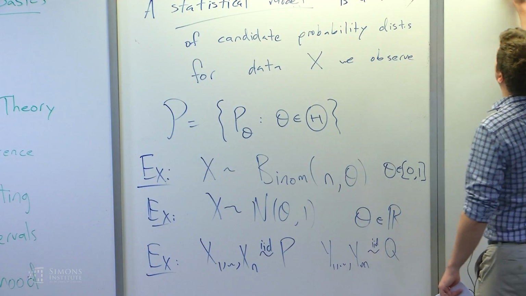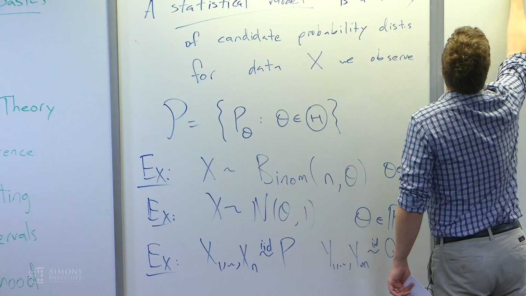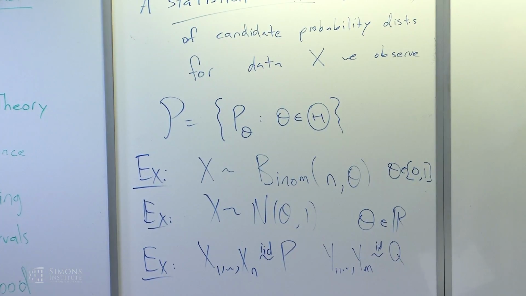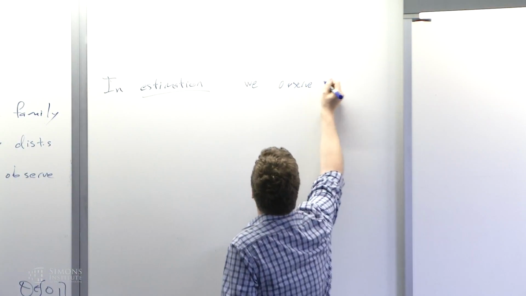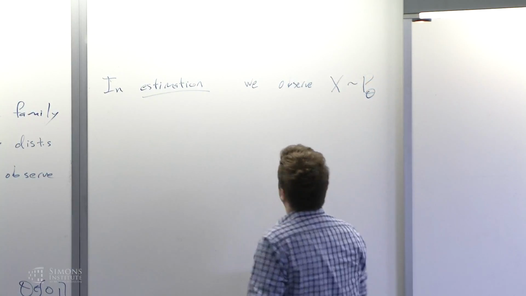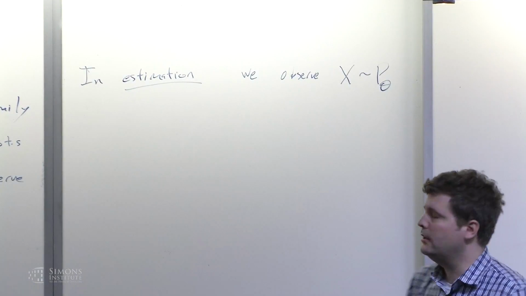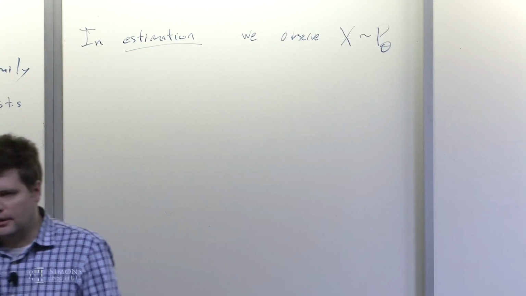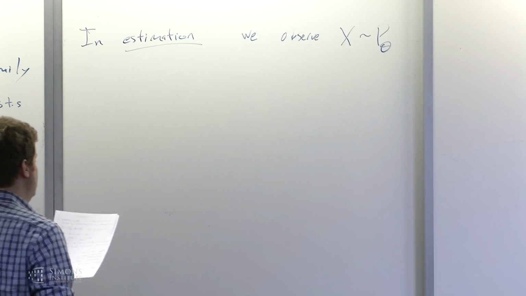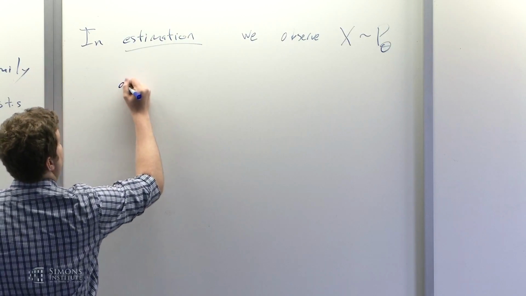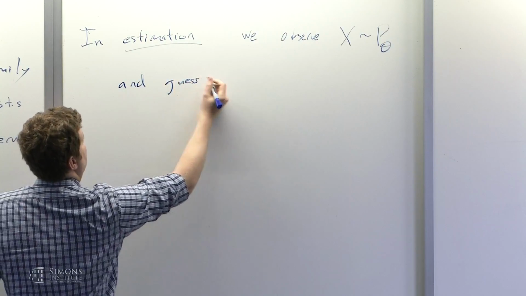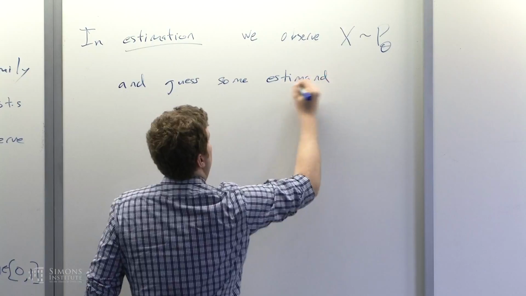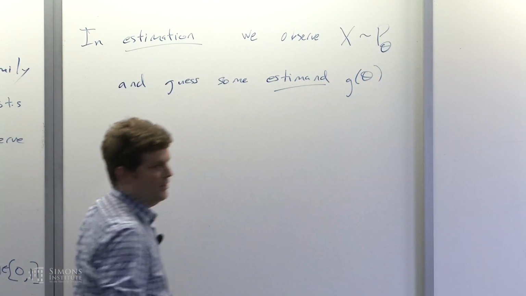Okay, so in an estimation problem, we observe data, just one draw, one realization from one of these distributions, and then our goal is to guess something about the distribution, some estimand g of theta.